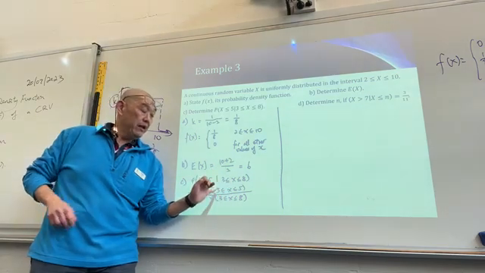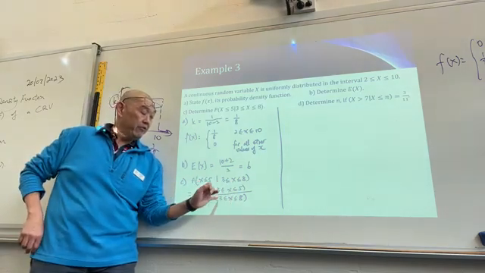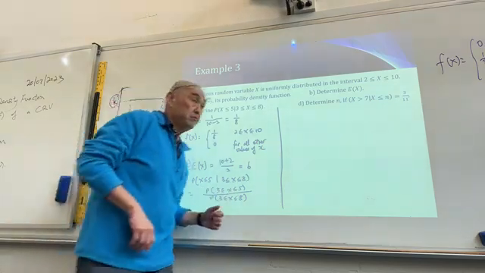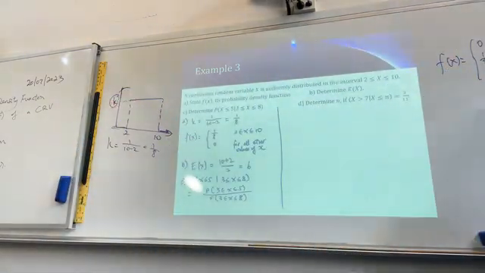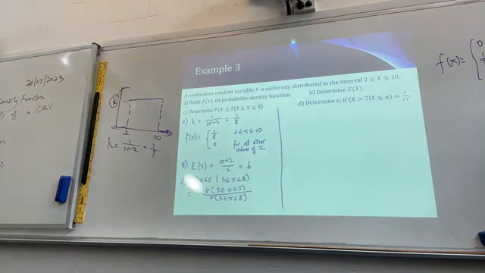So you need to find the area between 3 and 5 and the area between 3 and 8. And it's 2 over 5.